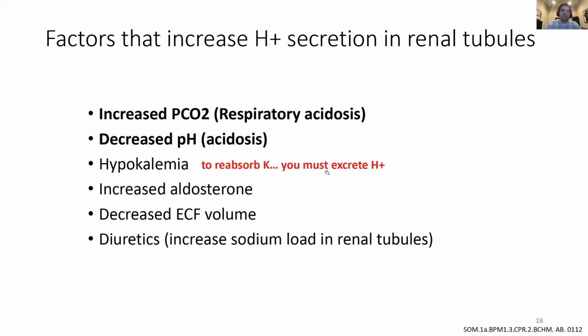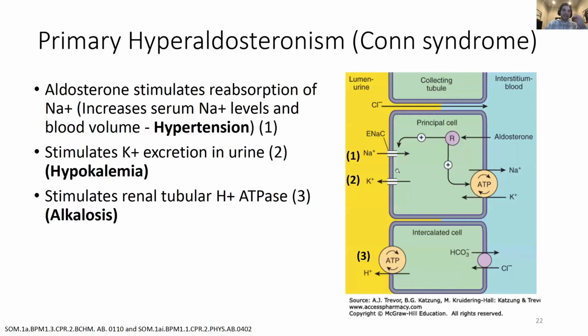But in the tubules, to bring this potassium back in, you have to exchange it for a hydrogen. So that's going to be a situation where you're going to get rid of a lot of hydrogen. You're going to excrete hydrogen, and you're going to get this metabolic alkalosis as compensation. So here's the clinical aspect, this Cohen syndrome.